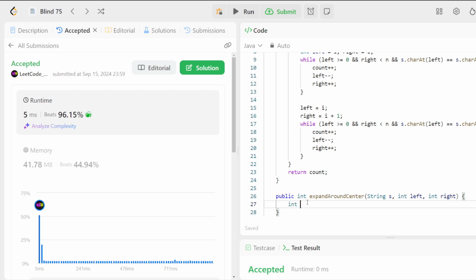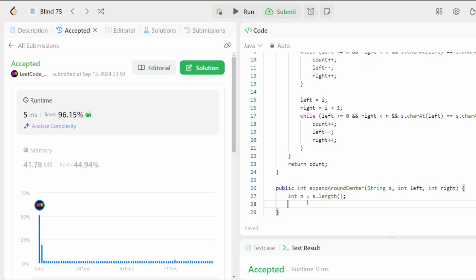I'm going to store the length of the string s again in int n is s dot length. And for each character, once we want to expand around the center and see the substrings, we need to store the count somewhere. So again, int count, and I'm going to initialize it to 0.